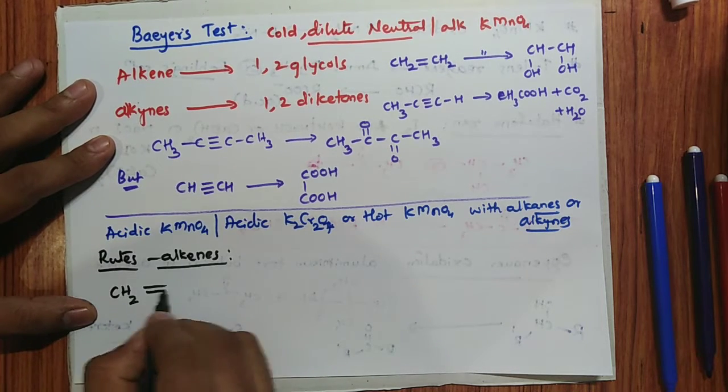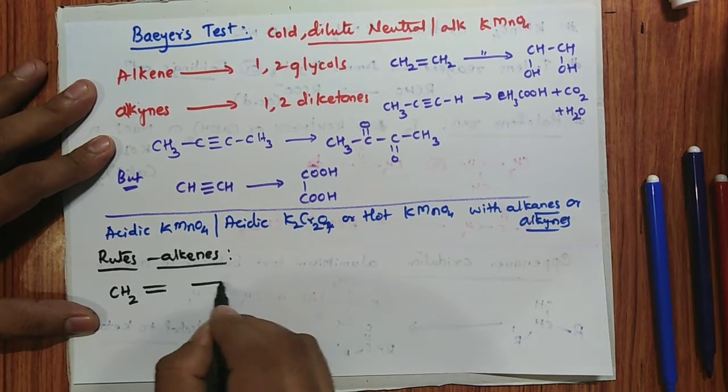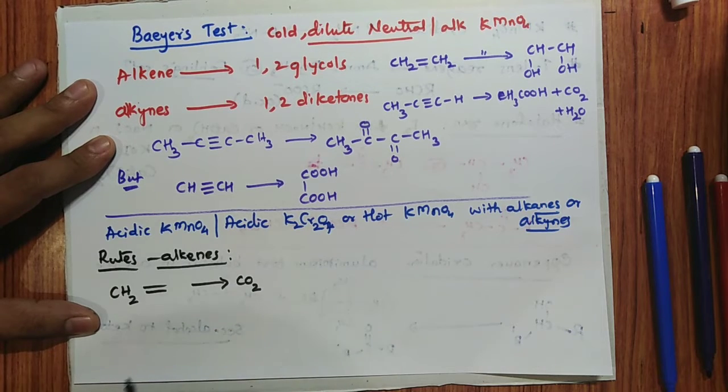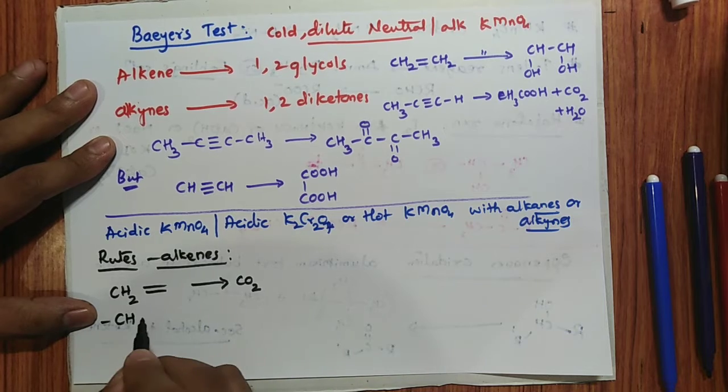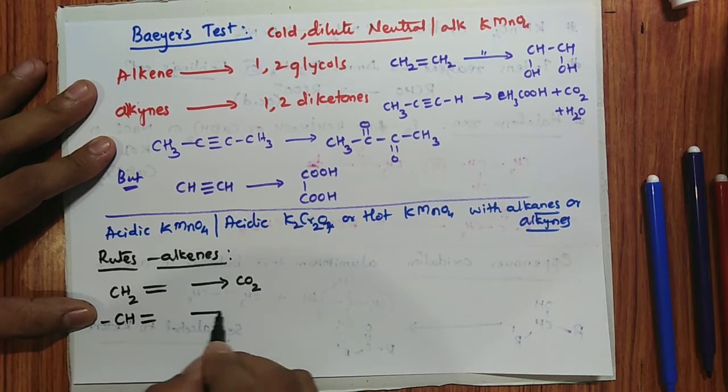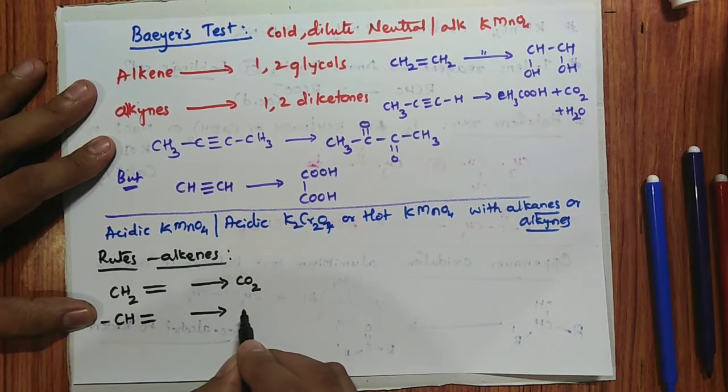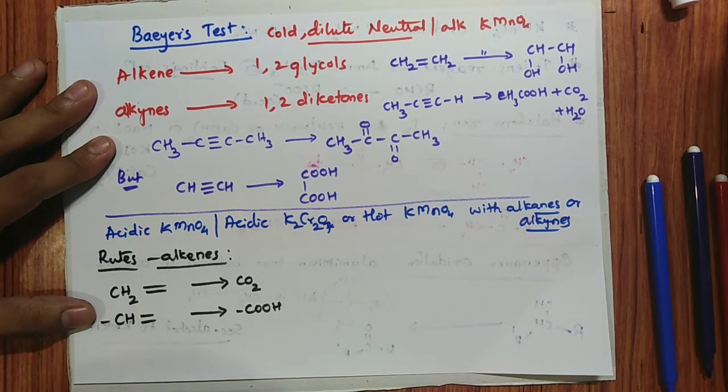So the rules are like this. If it is a terminal alkene, CH2, it always gives rise to carbon dioxide. Remember, if it is a terminal alkene, and at the end you have a double bond, you are going to get CO2. If it is in between, a CH double bond type of group, you are going to get COOH. Very, very important, COOH.